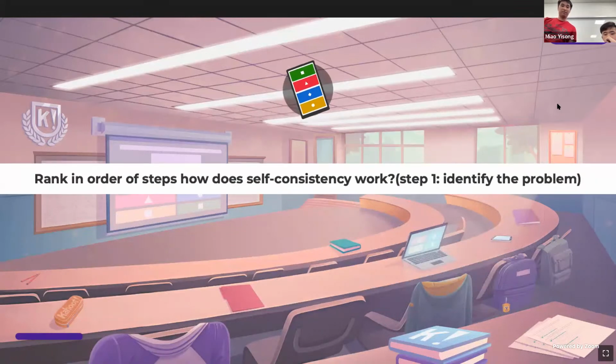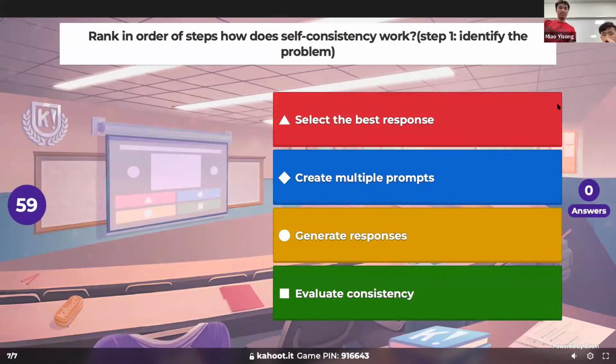This is the last question now, just reordering the steps of how self-consistency works. Okay. Yeah, drag the objects. From top to bottom is the order.